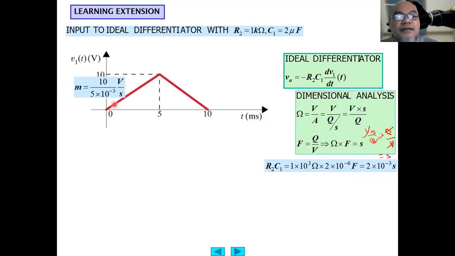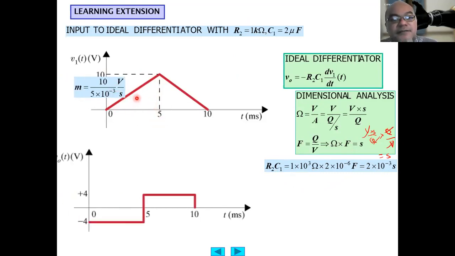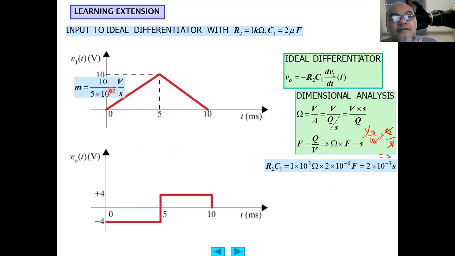The gradient here is 10 volt divided by 5 millisecond. So we put 10 divided by 5 millisecond times 2 millisecond.